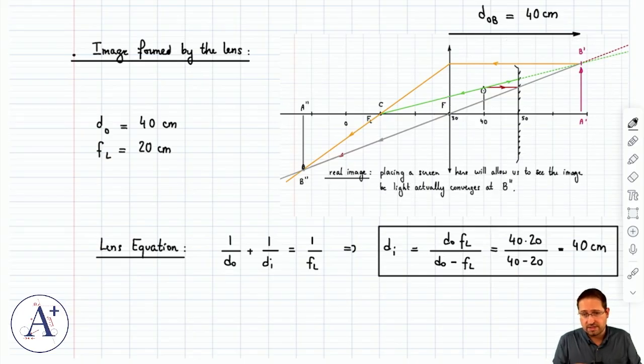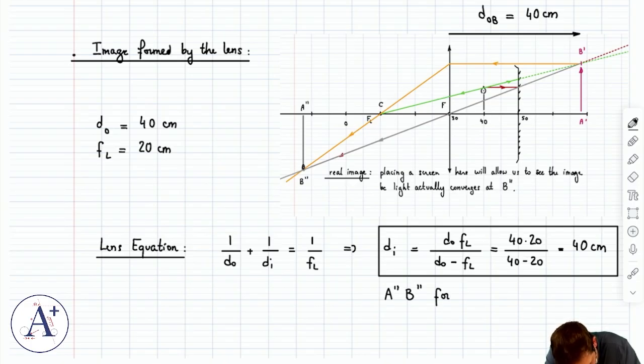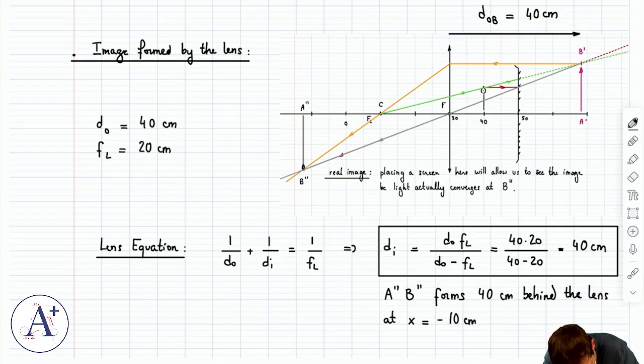Therefore, I form 40 centimeters to the left of the lens. If the lens is at 30, this is going to be x equals minus 10. And so we're going to say that A double prime, B double prime forms 40 centimeters behind the lens at x is equal to minus 10 centimeters and is real.